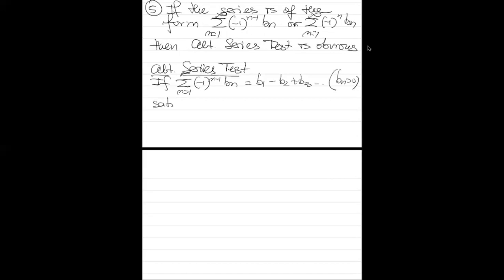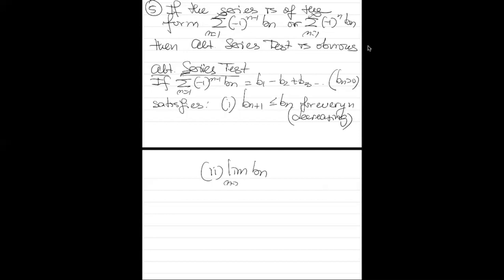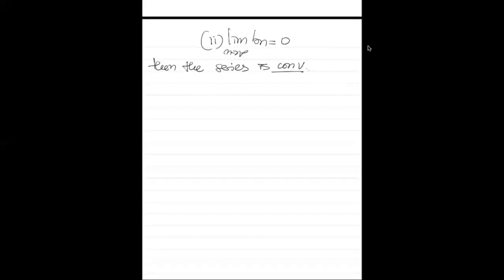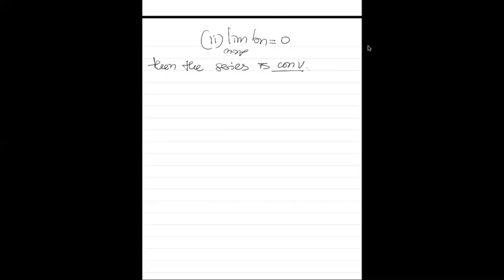And if that series satisfies these two conditions, first of all, it has to be decreasing. And the second condition is that the limit of those b terms is 0. Remember, they're positive. Then the original series is convergent.